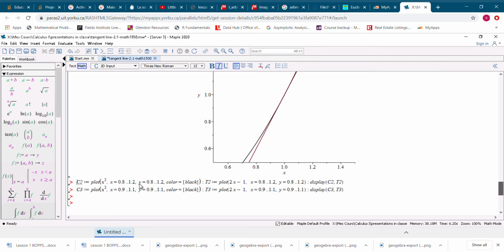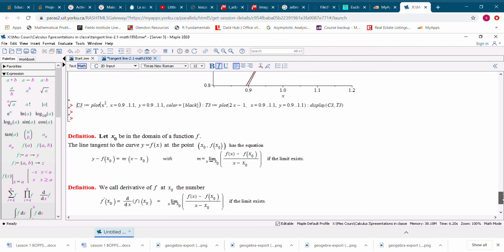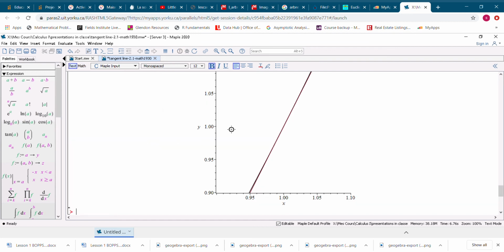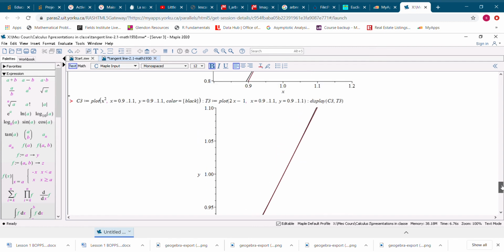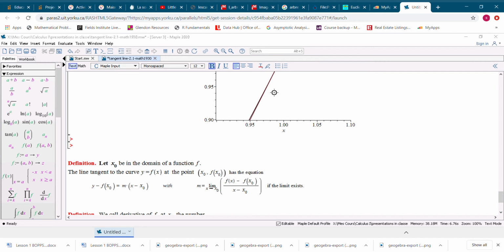The second time I approached more and reduced the domain more, to 0.8. Look, it's very close to the parabola. And the last one, 0.9 to 1.1, is also very close. You see how very close it is to the graph of the function. This is why we are interested in these tangent lines, because our graph will behave almost like its tangent close to the considered point.